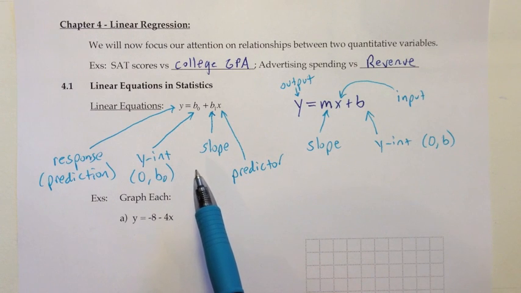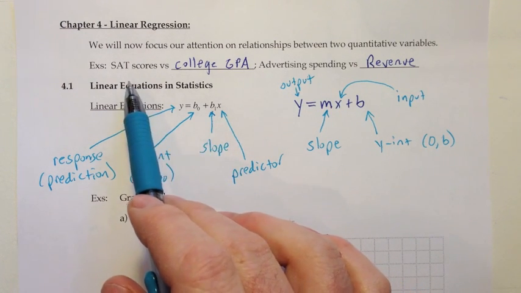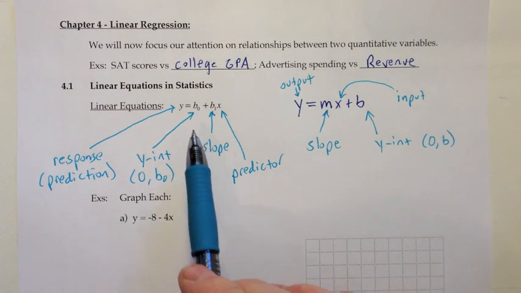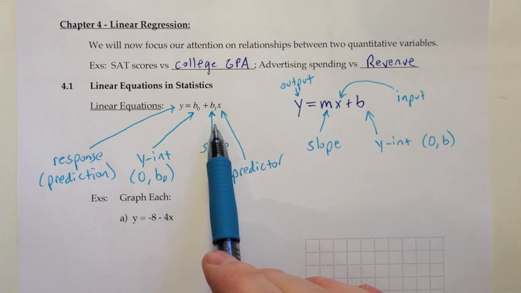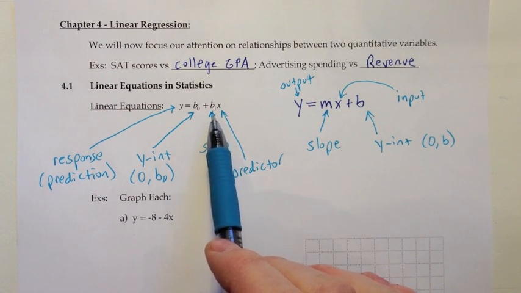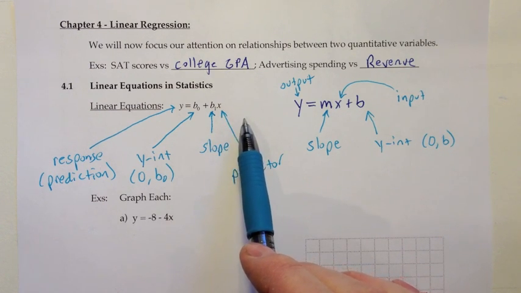college GPA. But if you think about making predictions, you might want to not only use SAT score as a predictor, but you might also want to mix in something like high school GPA. And this format of the equation allows for that expansion, where we could say y equals b0 plus b1 times x1, the first predictor, plus b2 times x2, the second predictor.